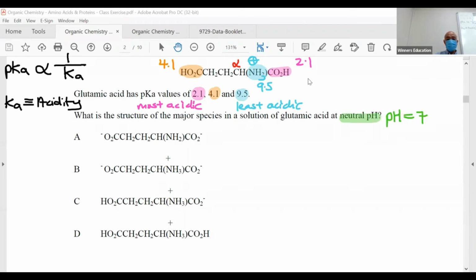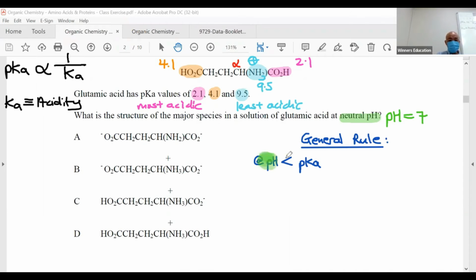So here we go. Revision in what color? Dark blue. All right, ladies and gentlemen, the general rule is like this. What is the general rule? It's all about the H plus there, right? When the pH value is less than the pKa value of that specific acidic group, means what? pH means environment, okay? When the environment, so let me highlight in green, right?